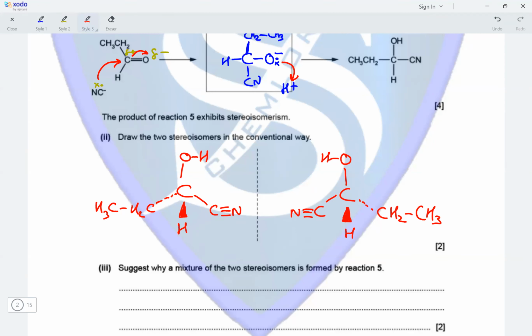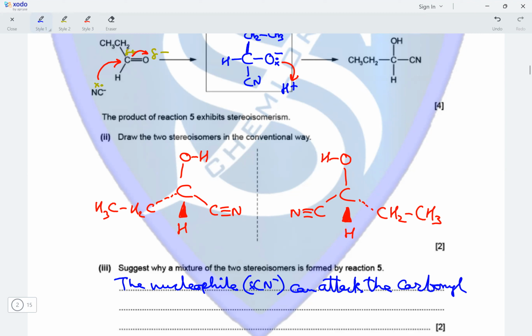Suggest why a mixture of two stereoisomers is formed by reaction 5. The nucleophile, which is the CN negative ion, can attack the carbonyl carbon atom from any side.